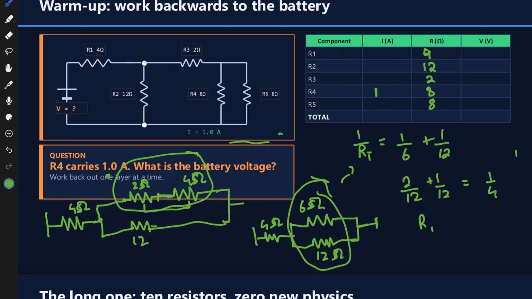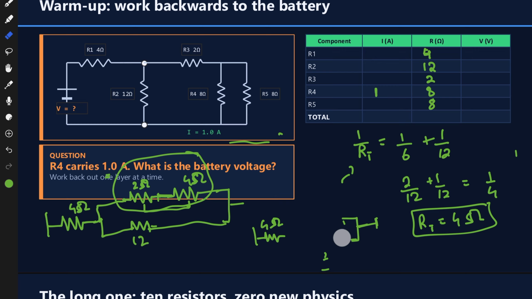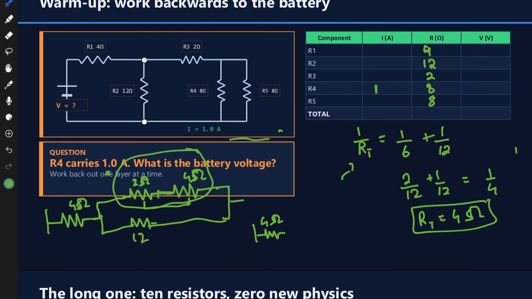So R total is 4 ohms, right? Okay. So then we can similarly just replace this with what the circuit feels, which is 4 ohms, right?